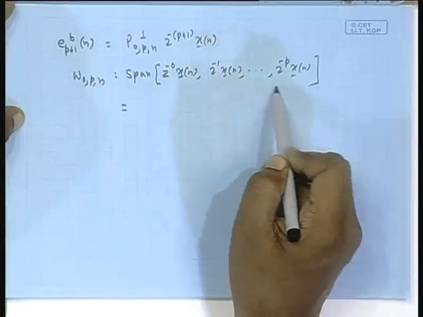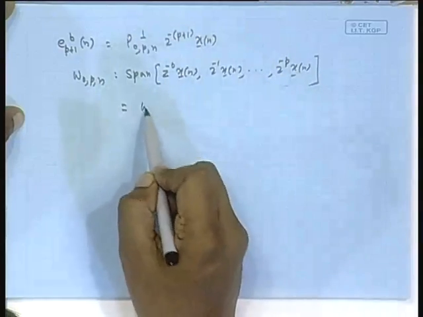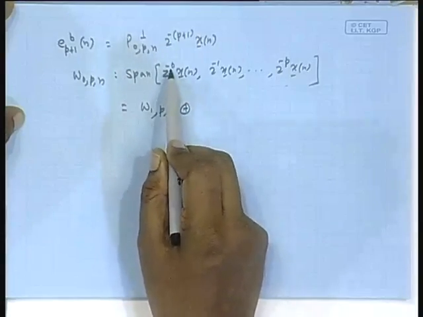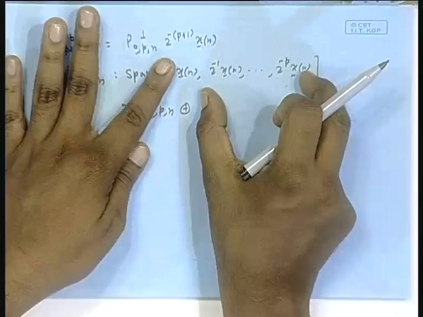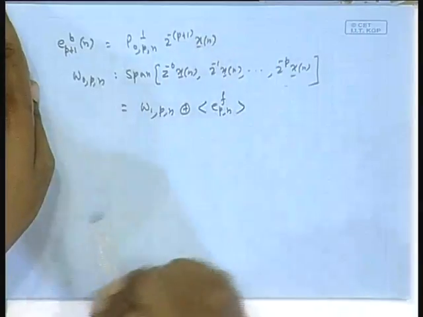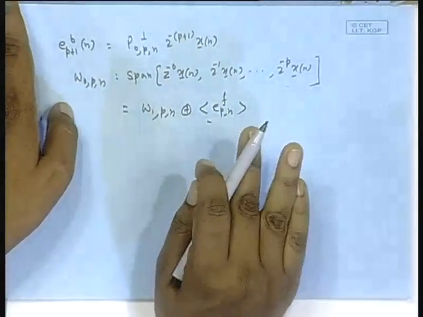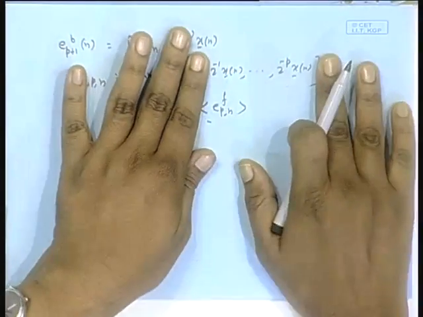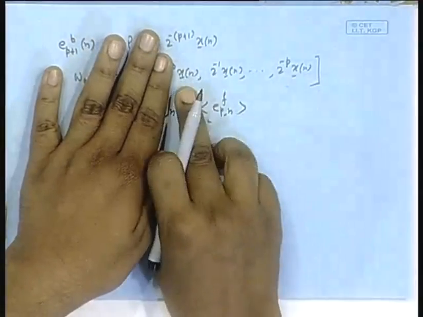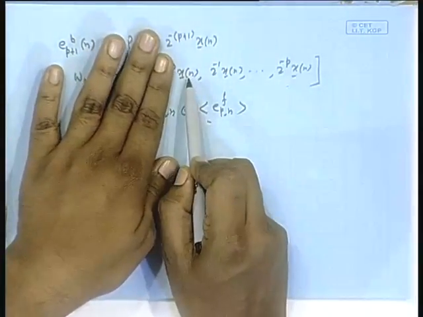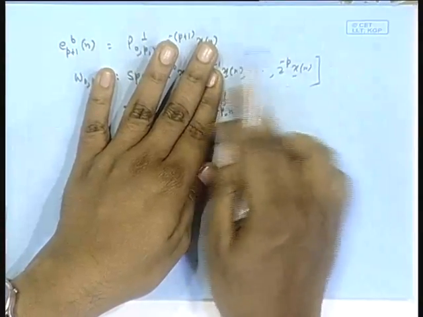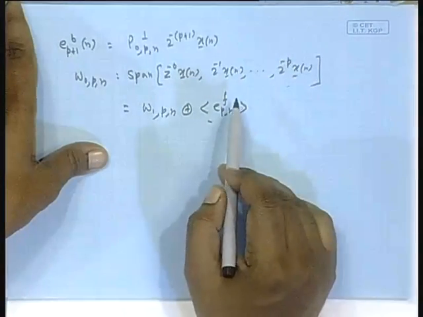Take the space span of this part, that is W1 Pn, and this guy, z inverse 0 means nothing, xn, xn projected on this space, taken the error, that is obviously EPn f. This is very simple here. The span of this part is W1 comma P comma n, and then the other part is what? Orthogonal decomposition is what? Span of what? xn projected on this subspace spanned by these fellows, error. So, that is EPFn.